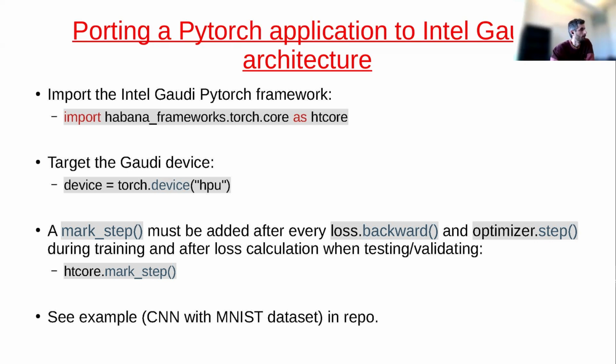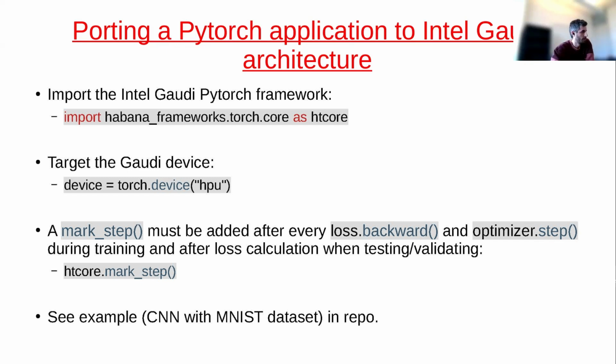Then you need to change the device. So if you were running with GPU, you probably have something like CUDA here. So you need to change it to HPU. And the next step needs to be done when you are training or calculating the loss.